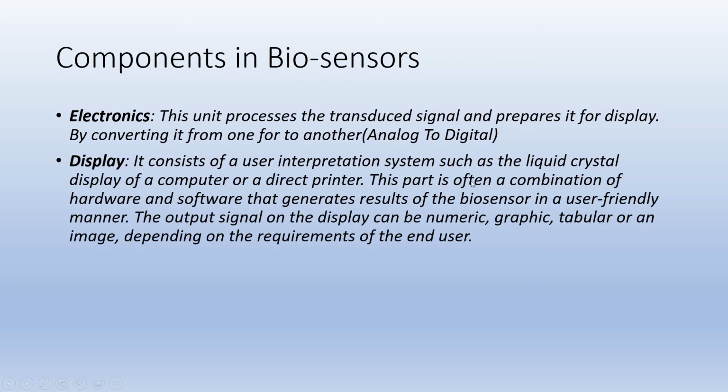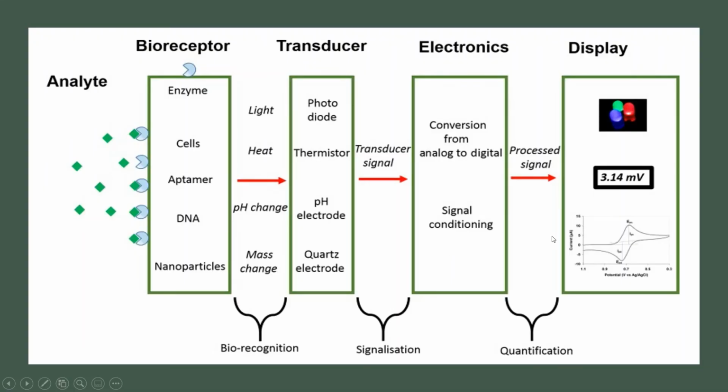This part is often a combination of hardware and software that generates results of the biosensor in a user-friendly manner. The output signal on the display can be numeric, graphic, tabular, or an image depending on the requirement of the end user. That is, as we have discussed, let us take an example of glucose level testing in the blood.